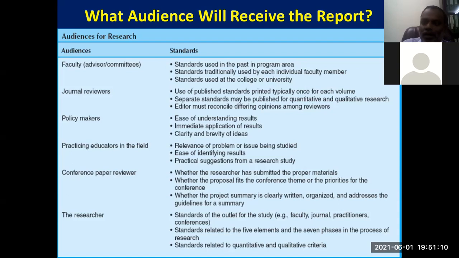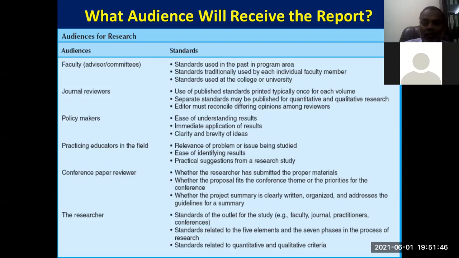If your report is going to serve the purpose of policy making, then you need to consider the demands of the policy makers. For example, your result is supposed to be easily understandable, because a third person is going to read your report, and you don't know who is going to read it. Then the immediate application of your result, the short-term result, is supposed to be given importance.